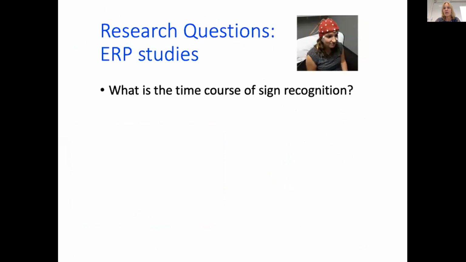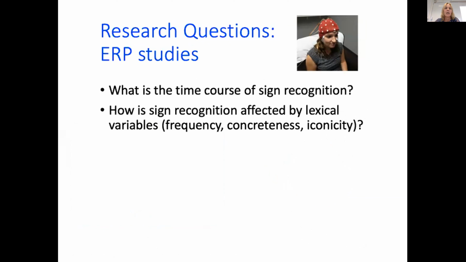I'm going to use event-related potentials, ERPs, to address a number of research questions in this talk. One, we'll look at what is the time course of sign recognition. ERPs are great at looking at temporal components. I want to look at whether sign recognition is affected by lexical variables in the same way that words are affected. So we're looking at effects of frequency, concreteness, iconicity.